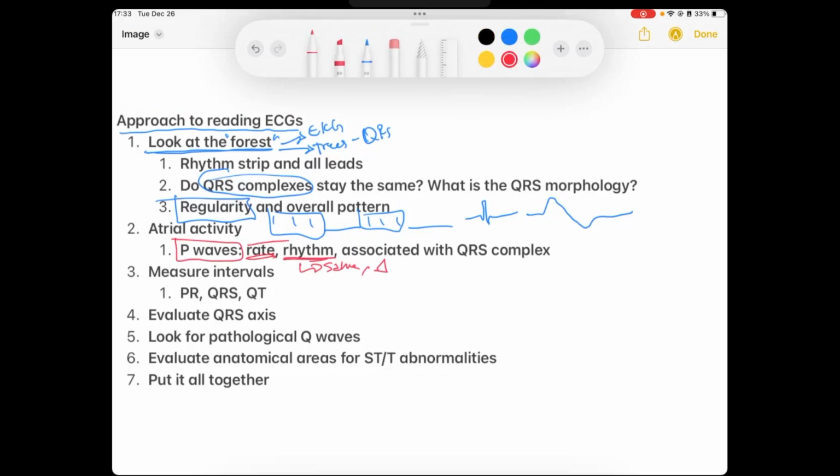Are the P waves associated with the QRS complex, or are P waves just all over the place? So when I'm looking at the atria, I'm also looking at the ventricles in a sense, right? Because I want to see, are the atria coordinated with the ventricles?